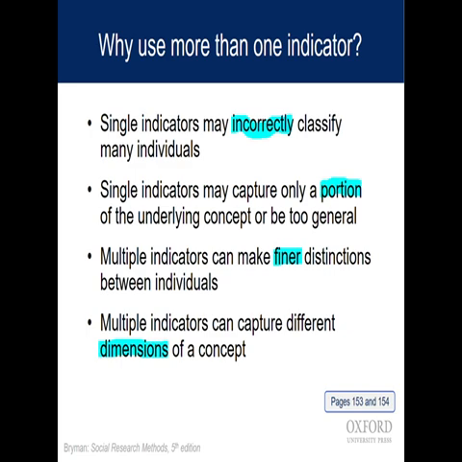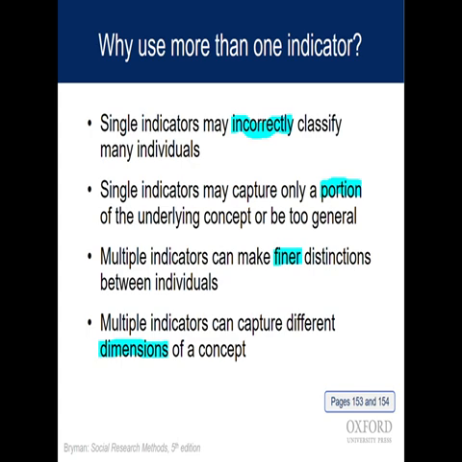Here's an example. If instead of asking people how many times they've been violent in the past 12 months, you just said something like, "Are you violent? Yes or no?" That might misclassify a lot of people.